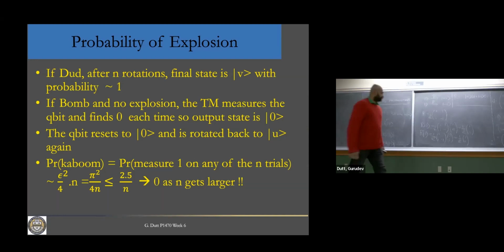That is our final result: the probability of explosion is always bounded by 2.5 over n, and we can make that as small as we want by increasing n. For say n equal to 1000, this means it can be made less than 0.25%, which, going back to the first version of the protocol, was 25%. So we have reduced it by a factor of 100 already.